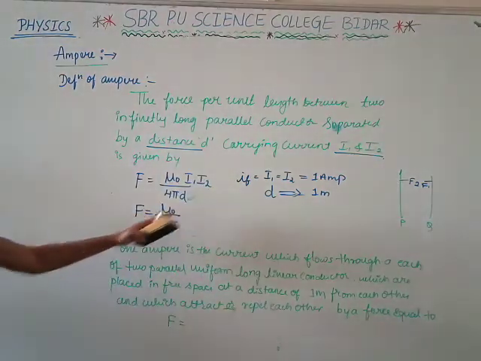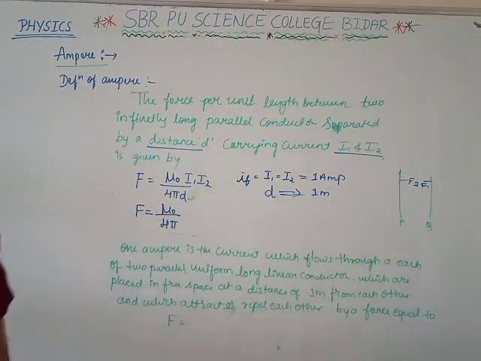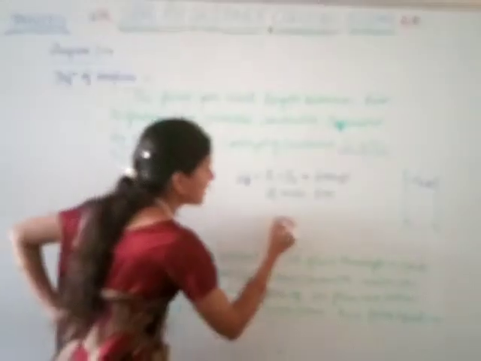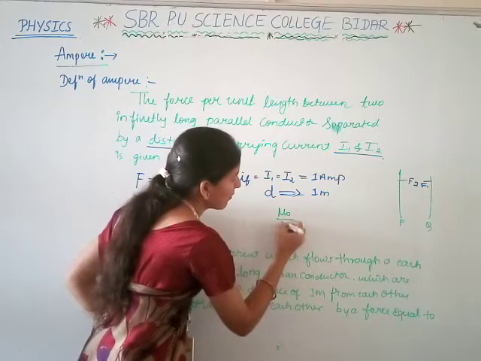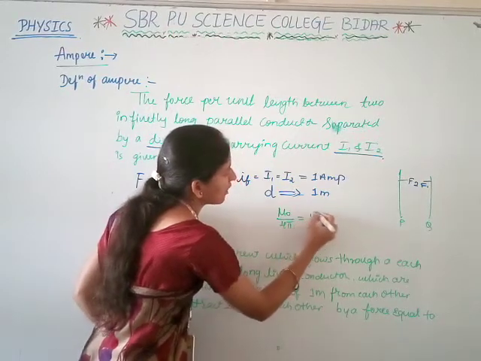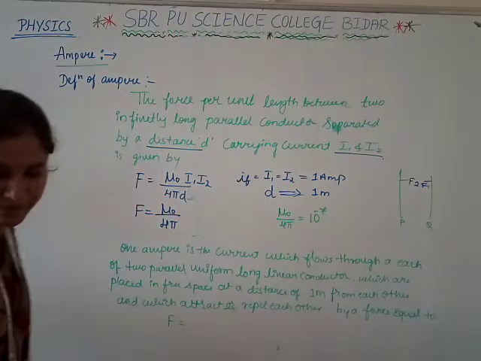That is, F equals mu naught divided by 4 pi. We know the value of mu naught divided by 4 pi is equal to 10 to the power of minus 7.